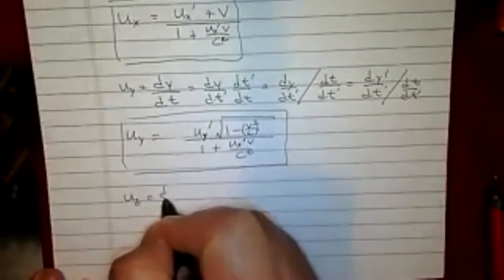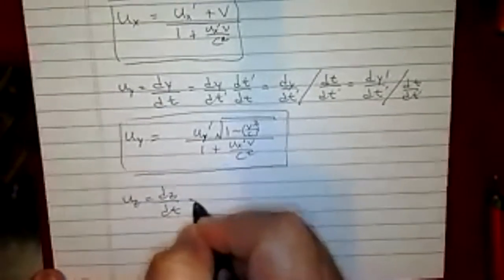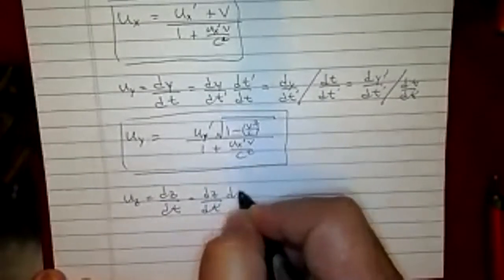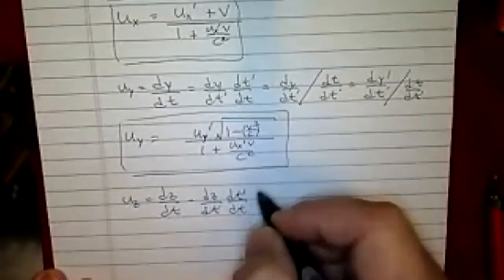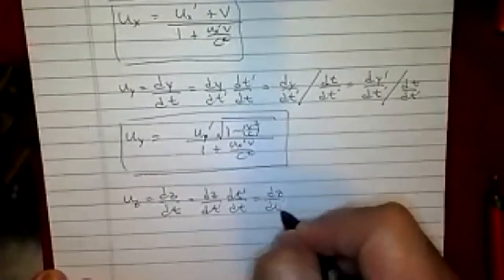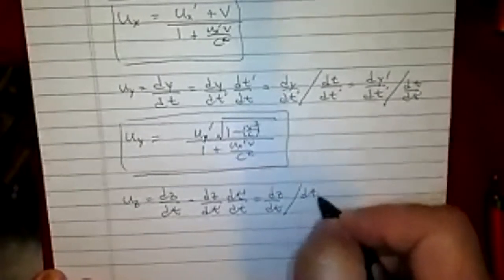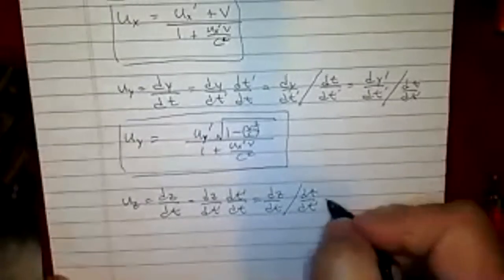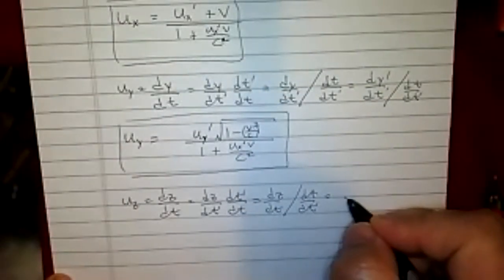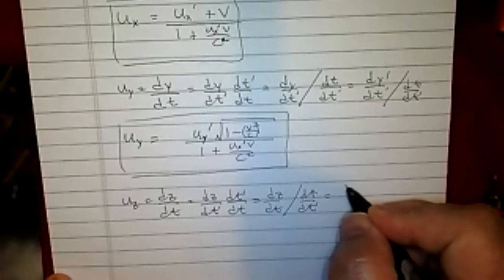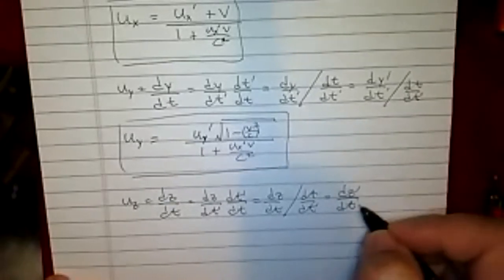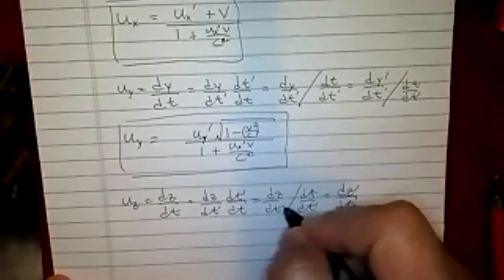As you can probably guess, the uz is going to be the same thing. uz is dz over dt, but that's going to be dz over dt prime times dt prime over dt, which is going to be dz over dt prime over dt over dt prime, which equals, of course, since z is equal to z prime, just going to be dz prime over dt prime. This was supposed to be prime right here.